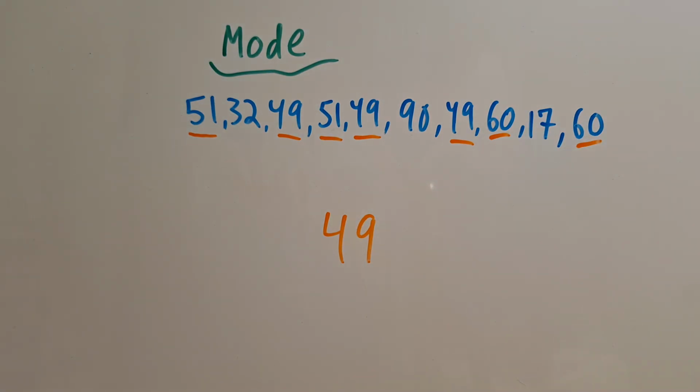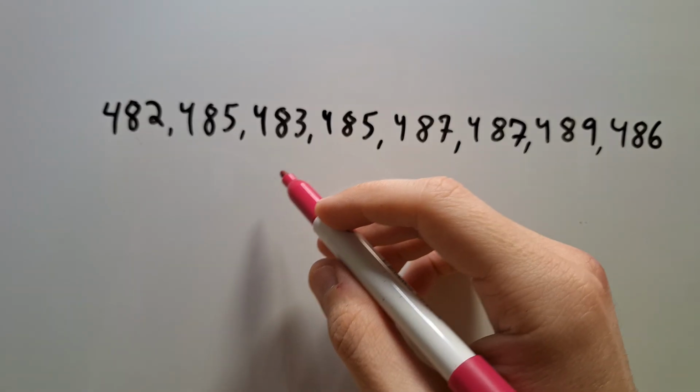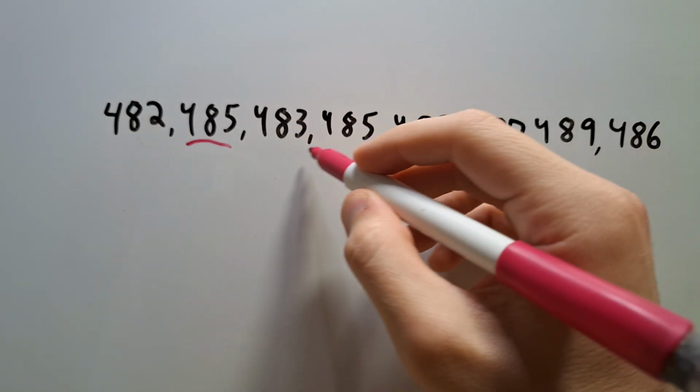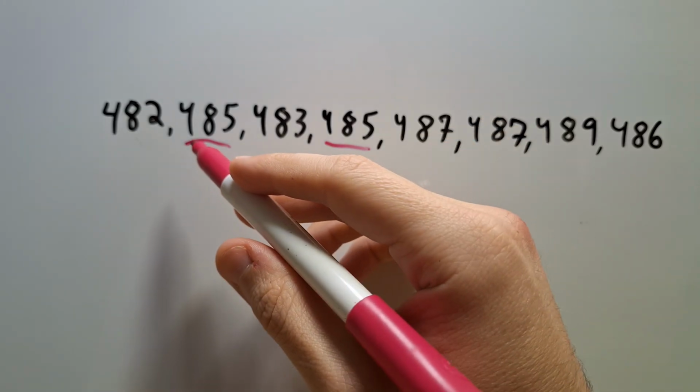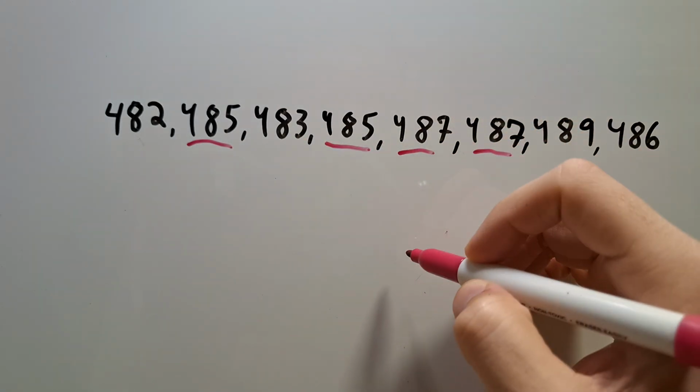Now let's take a look at an example in which case we could have more than one number as the mode. So here I have another set of numbers. If I look at all my numbers here, I see that I've got 485 that appears twice, and 487 also appears twice.